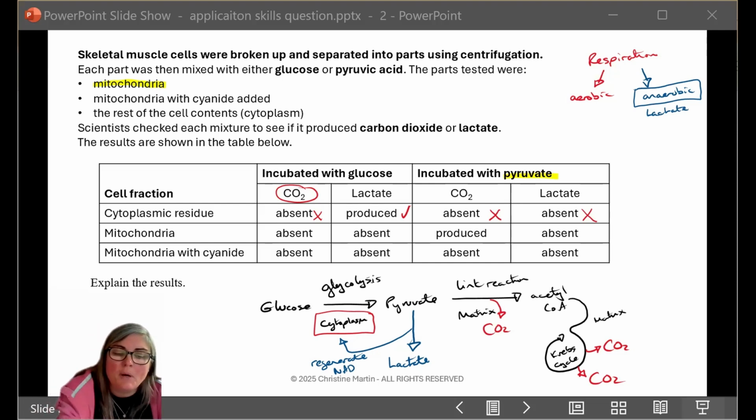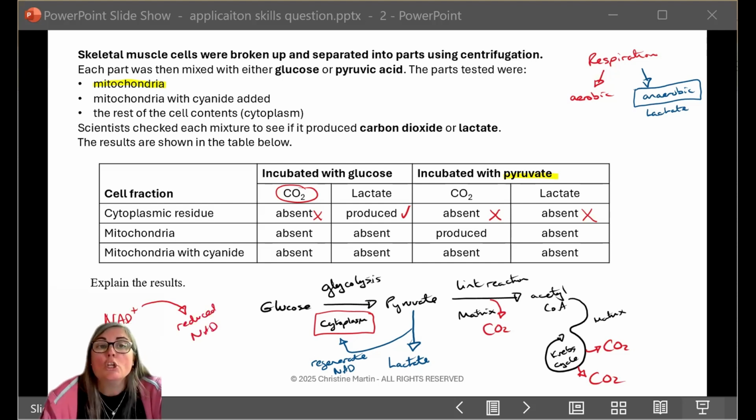And this is the interesting part. You should know that the NAD, which is NAD plus, is going to be converted into reduced NAD through the process of glycolysis. The pyruvate being converted to the lactate would take the reduced NAD back to being the oxidized NAD plus.